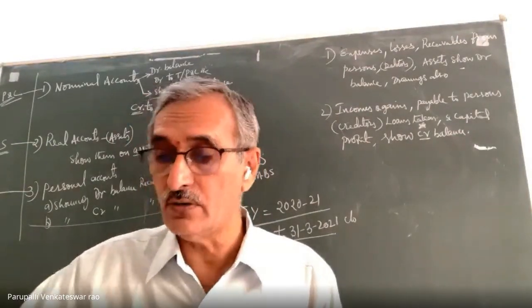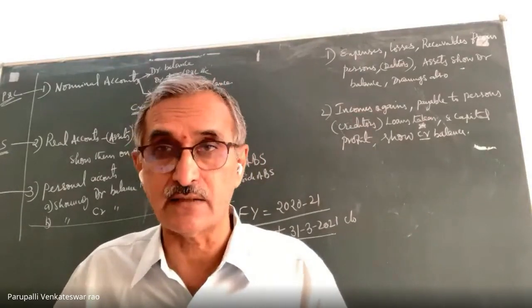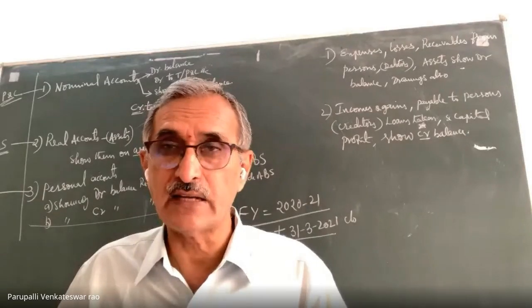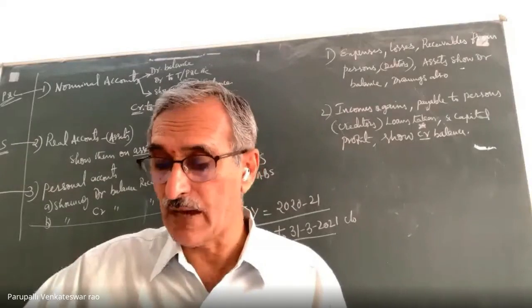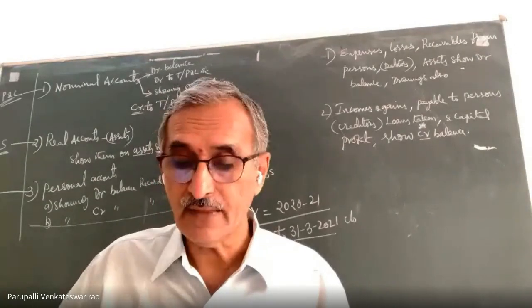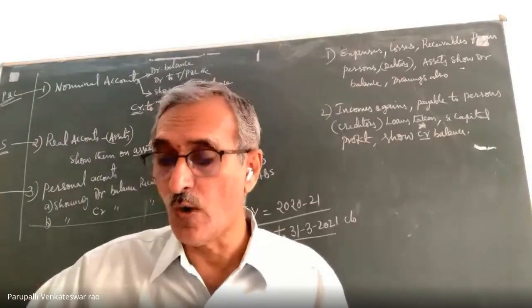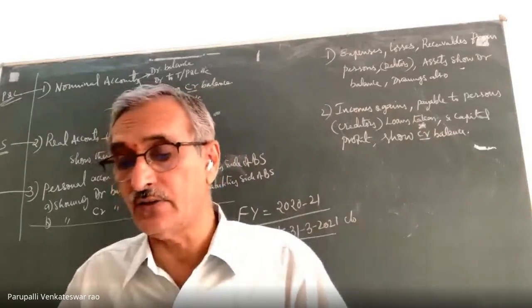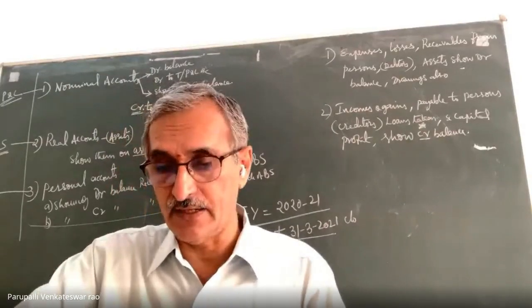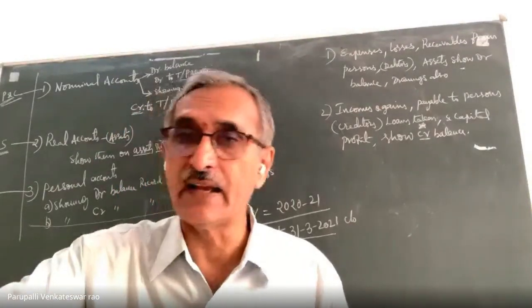Just go through it, and next class I will take up what a balance sheet is. After the balance sheet is explained, I take up the problems one by one and work out all problems. I'll make you perfect in final accounts. There is nothing difficult in final accounts.